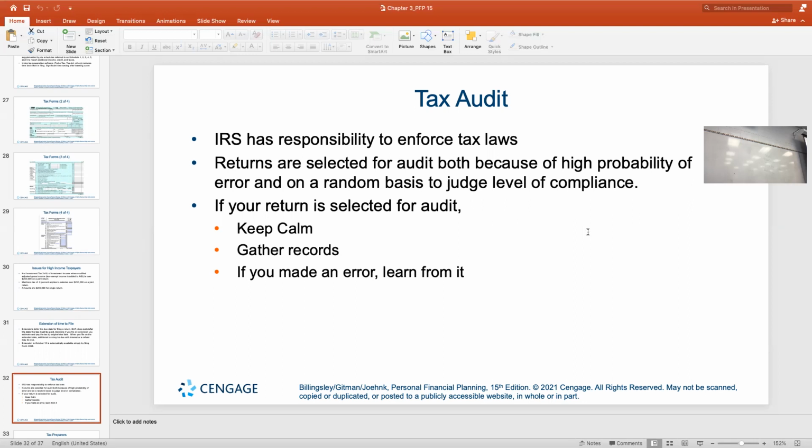So I use TurboTax, and any of these software programs, they will tell you your likelihood of being audited. Once you fill out your taxes, they look at all these averages, and if they see any red flags, they'll tell you your chances of being audited and so forth. It's very rare that you would be audited.